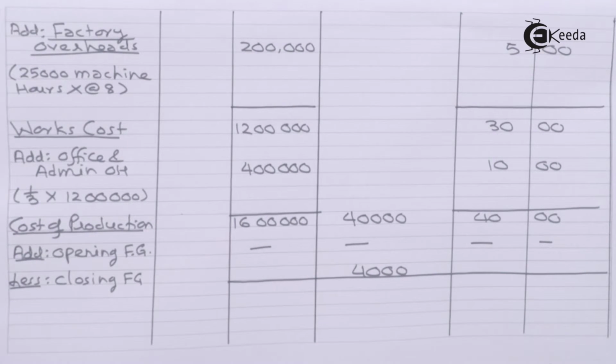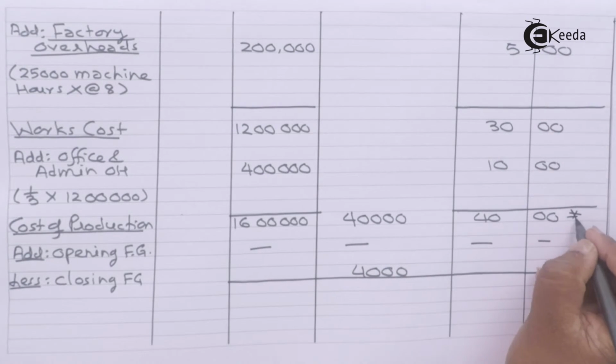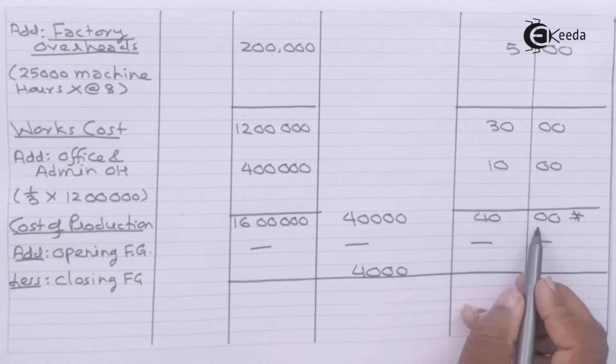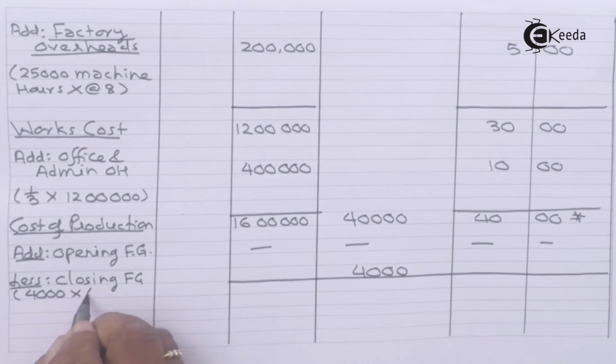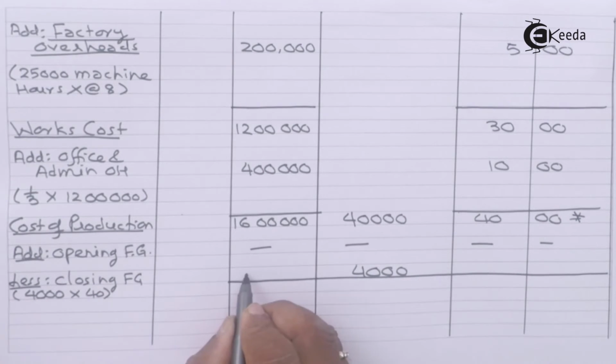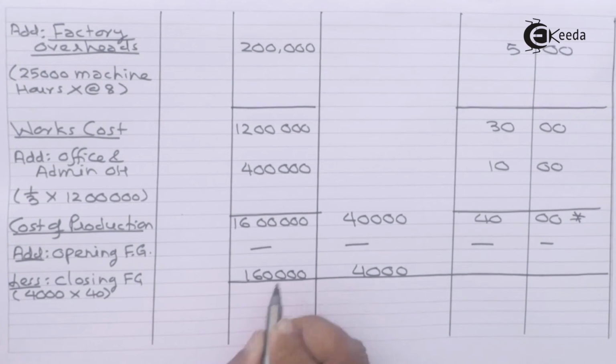How to value closing stock of finished goods? As per the information given in the question, it has to be valued at current cost of production per unit. Current cost of production per unit is rupees 40. 4,000 units of closing stock valued at 40 rupees comes to 1,60,000.